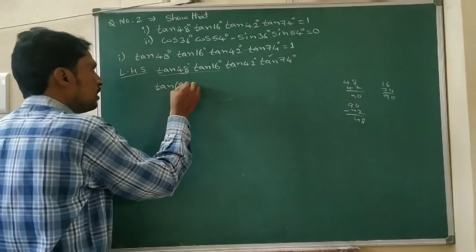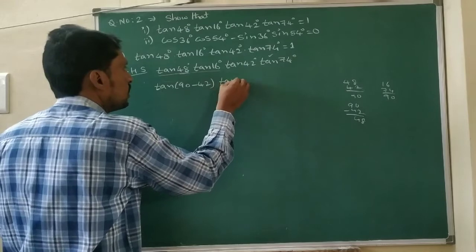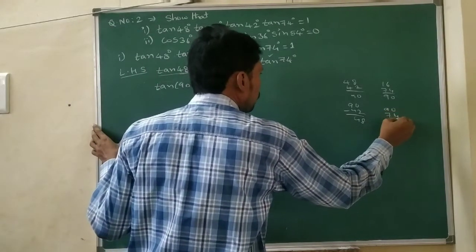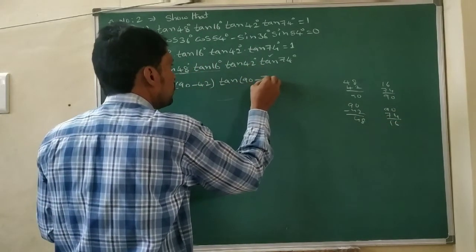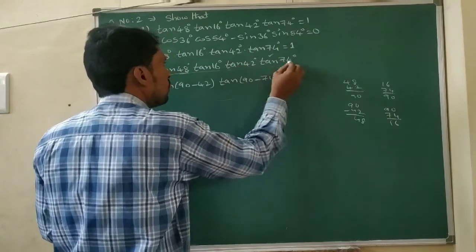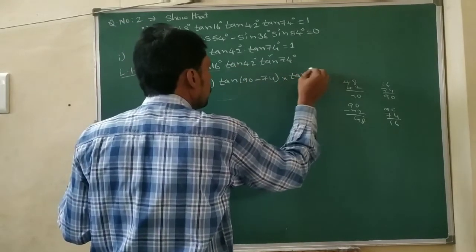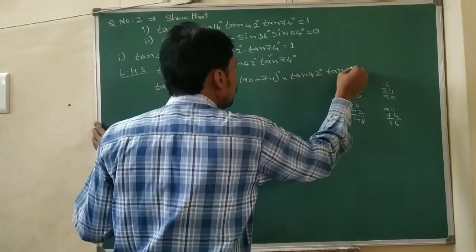So tan 90 minus 42 into tan 16: 90 minus 74 is 16, so tan 90 minus 74 into tan 42 degrees as it is, into tan 74 degrees.